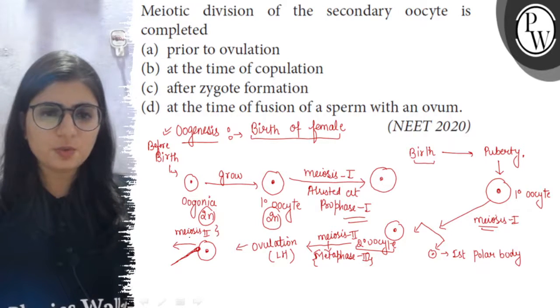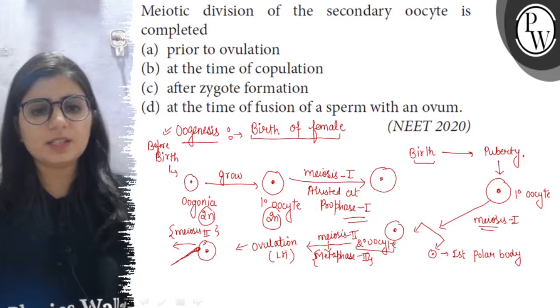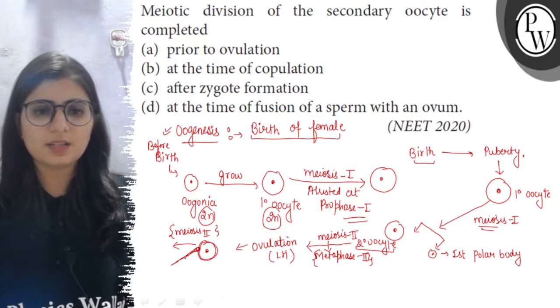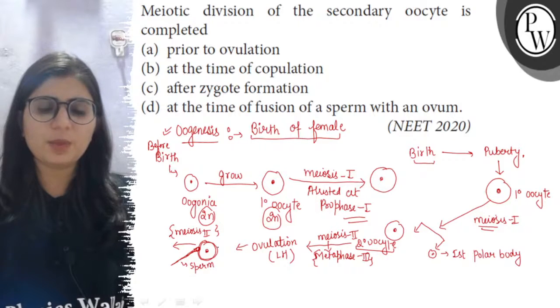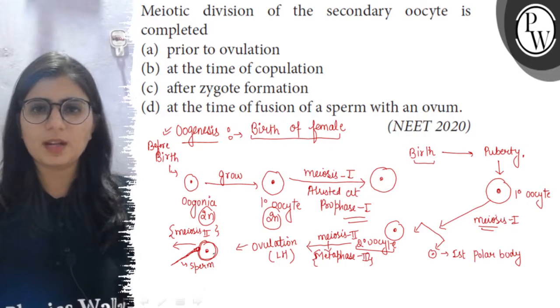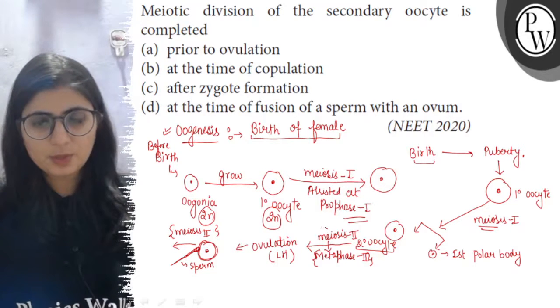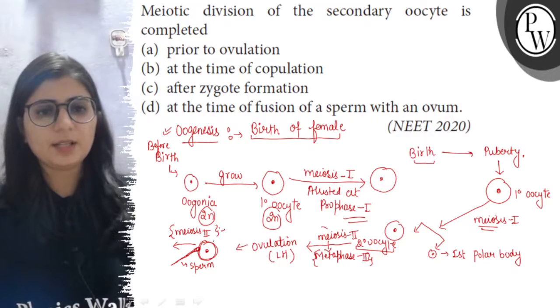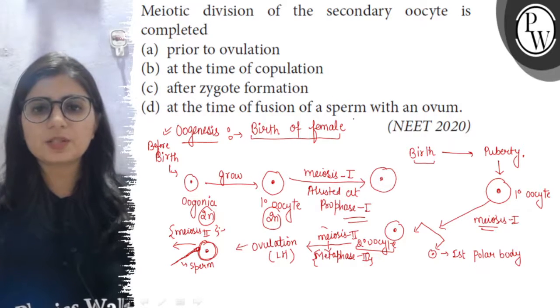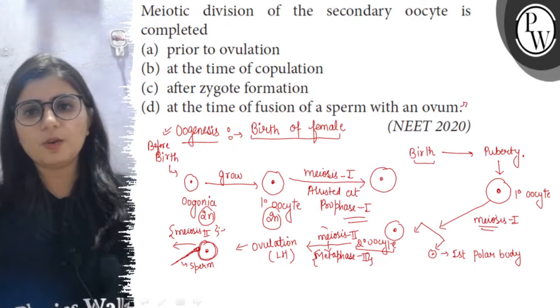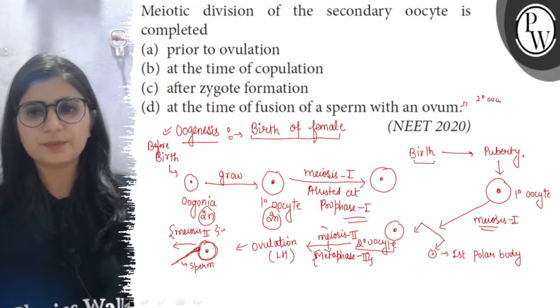Meiosis 2 is completed only if the secondary oocyte fuses with the sperm cell, leading to the formation of one ovum and one second polar body. So meiosis 2 is completed when the sperm fuses with the ovum, where the ovum here is the secondary oocyte.